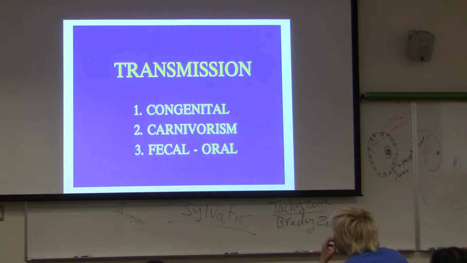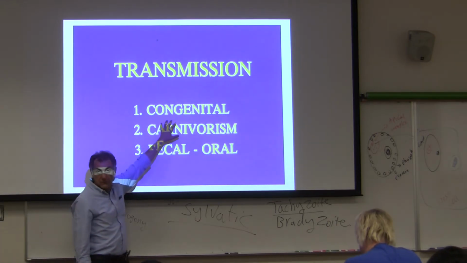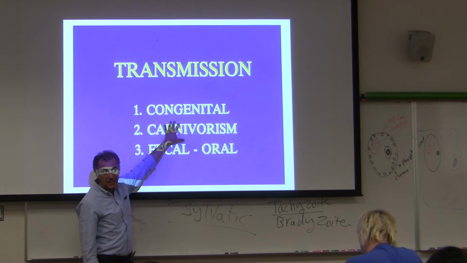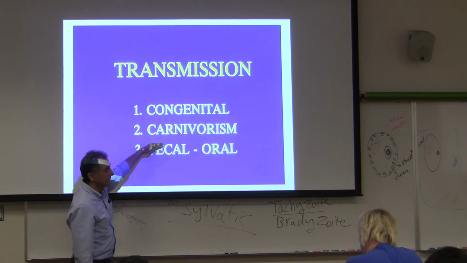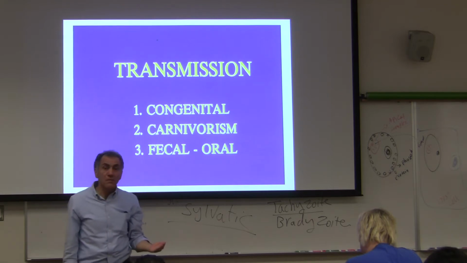You already know that. So transmission is three ways: congenital, from mother to fetus, so a baby can get it. It passes the placenta. The second one, carnivorism, by eating raw meat.